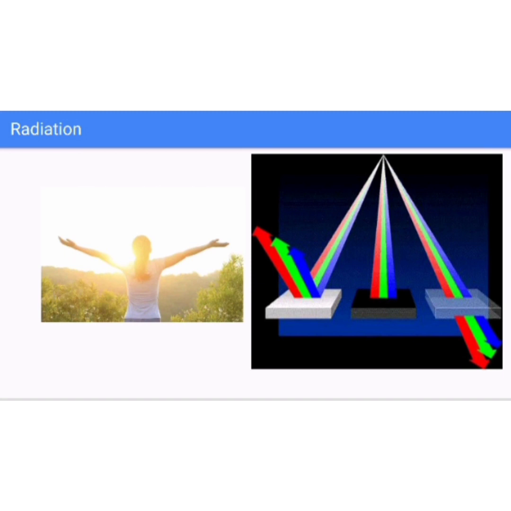All hot bodies radiate heat. When this heat falls on some object, a part of it is reflected, a part is absorbed by the object, and a part may be transmitted by the object.